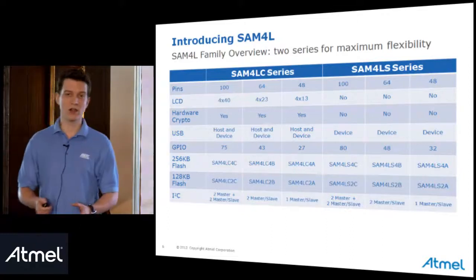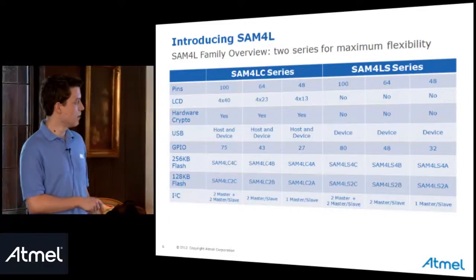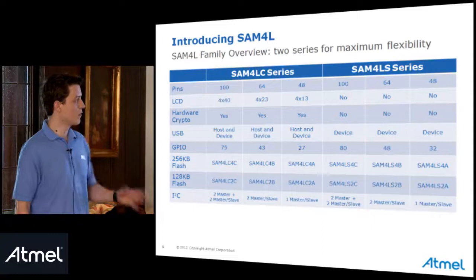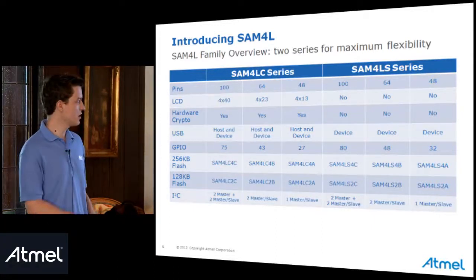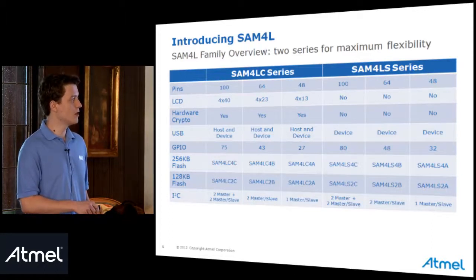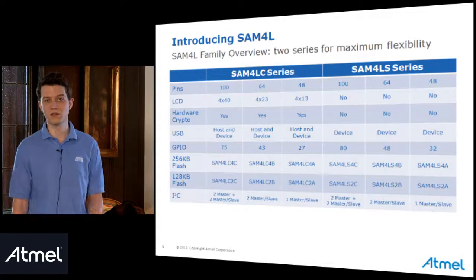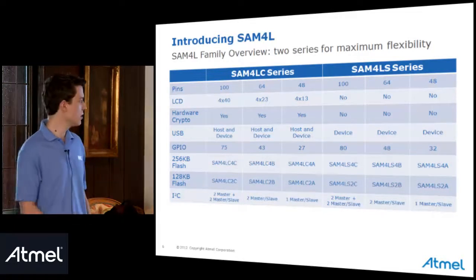If we compare the two series, they are both available from 48-pin package to 100-pin package. In terms of GPIO, we have more GPIO on the SAM4L S. This is because we don't have the LCD controller.